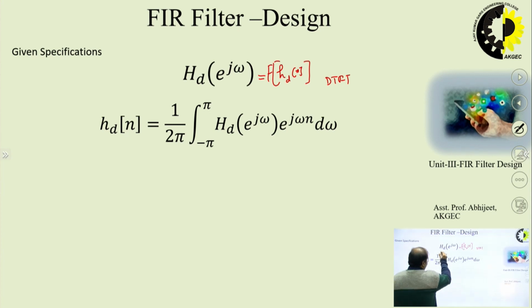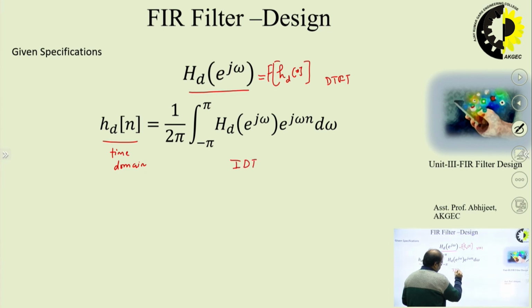From the frequency domain representation, we can obtain the time domain representation by evaluating the inverse DTFT. The inverse DTFT for any frequency response H_d of e^{j omega} is the frequency response multiplied by e raised to the power j omega n and integrated with respect to omega, times 1 upon 2 pi, and what we will get is h_d of n.